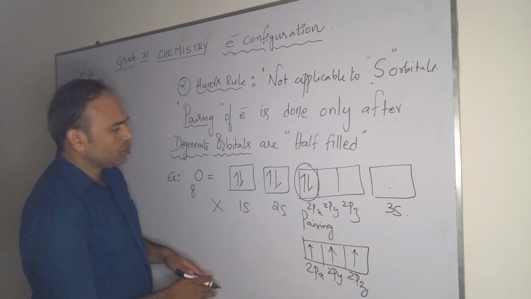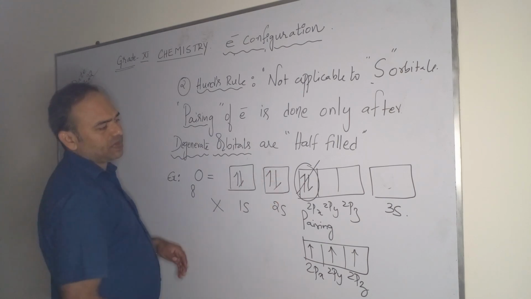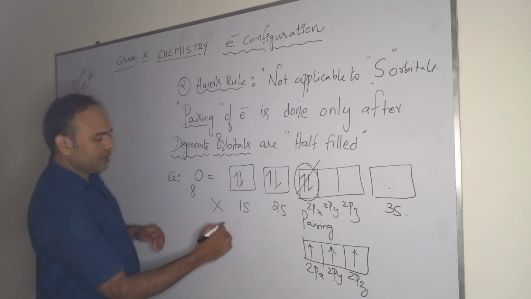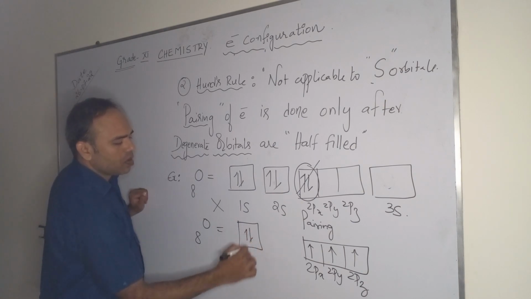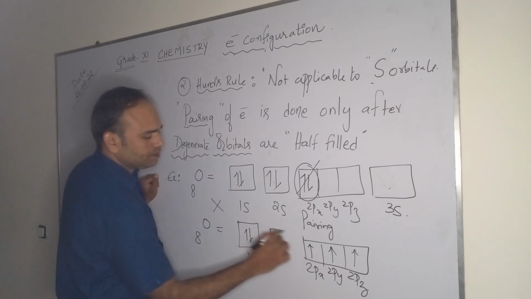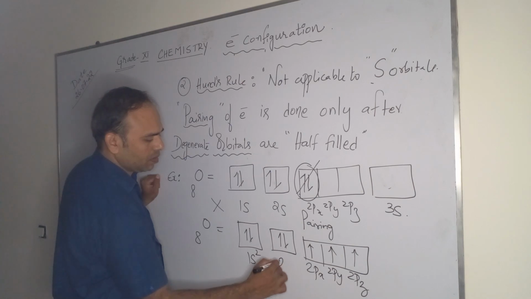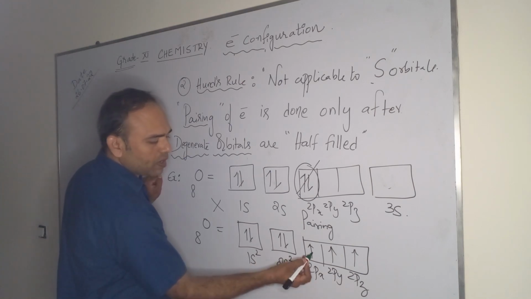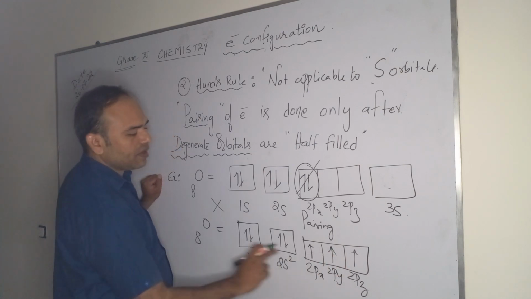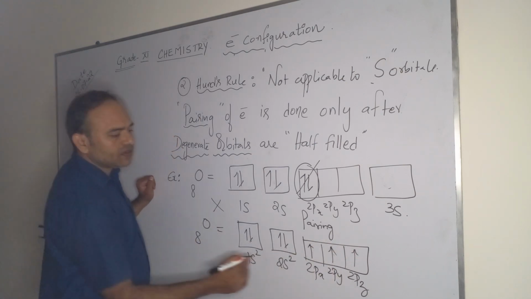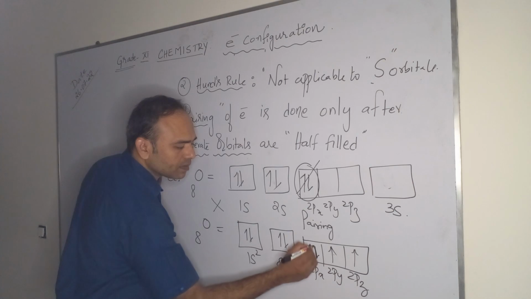So what should we do? We should not write in this manner. What we have to do is, oxygen with 8 electrons, 1s2, 2s2, 2px1, 2py1, 2pz1. Now we have done 7. The 8th electron will be written here.